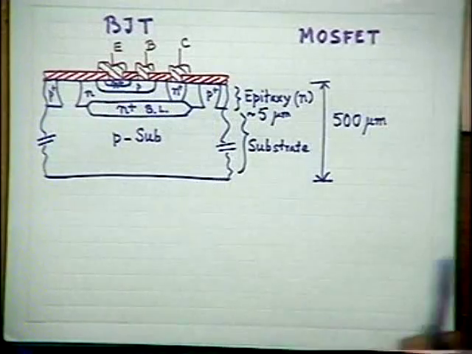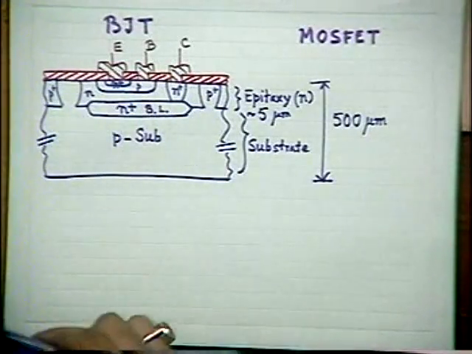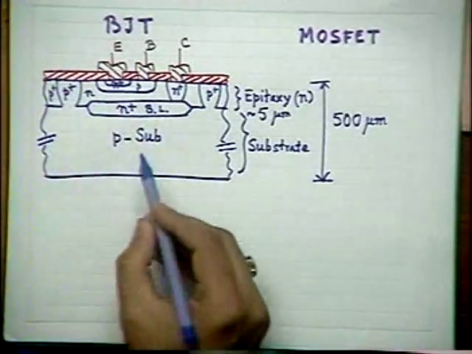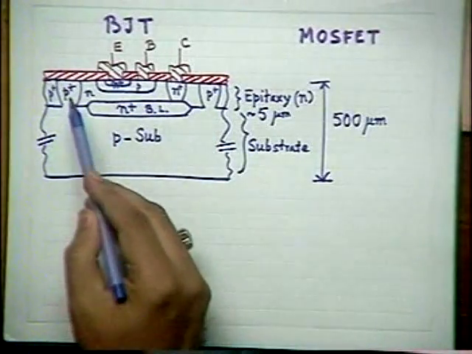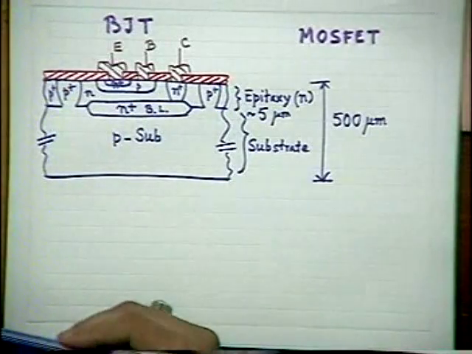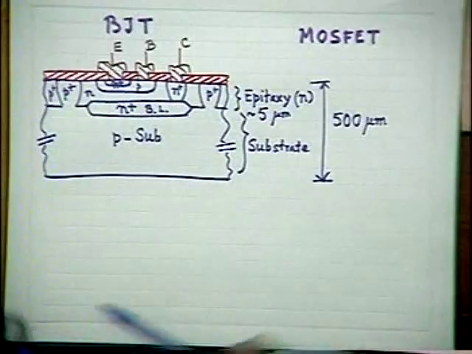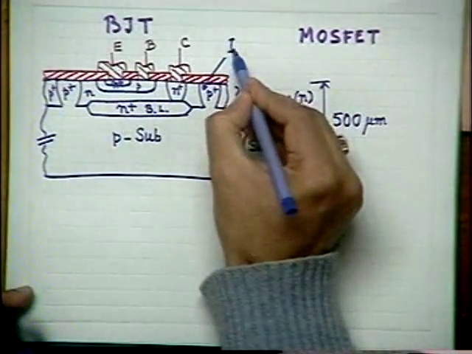It is an island of N-type epitaxial film surrounded by all P plus regions. You see that in the bottom side there is P-type substrate, whereas laterally, sideways, there are P plus isolation regions. These regions are called isolation regions.